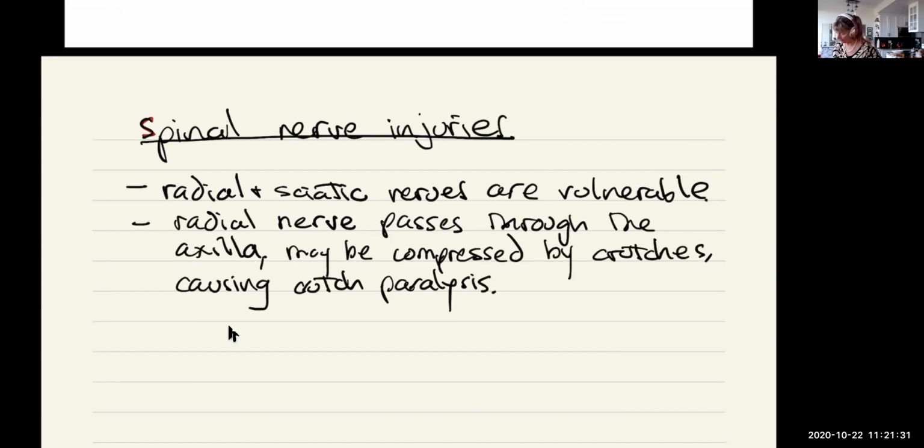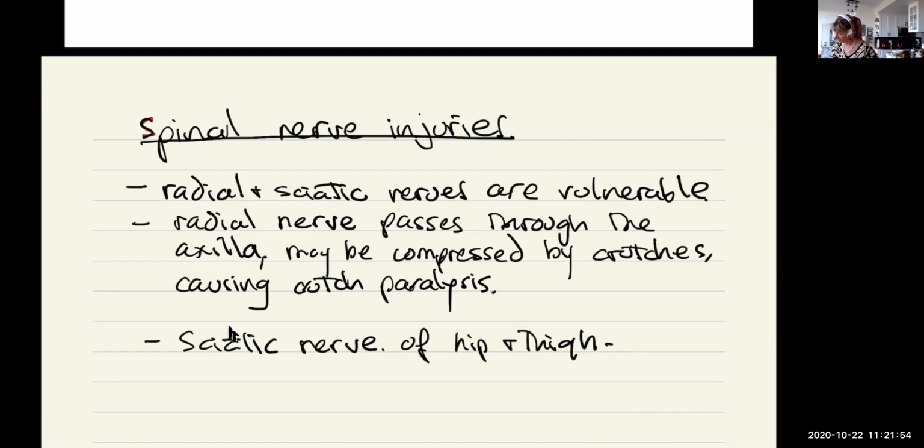The sciatic nerve. It's generally best for people not to put their wallet in their back pocket because that's where it can be compressed. The sciatic nerve is in the hip and thigh. Trauma to this nerve, it's a very long nerve, causes a condition known as sciatica.